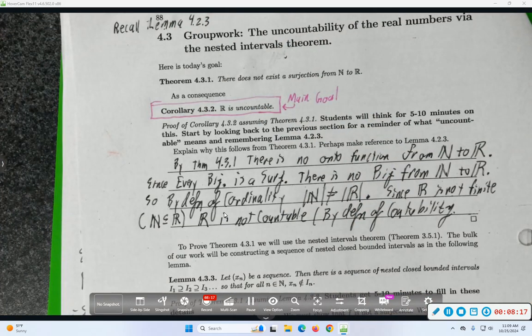We want to show there is not a surjection from N to R. But that's too negative a statement. Instead of showing there is not a surjection, let's show that for every function, that function is not a surjection. Do you agree that's the same?